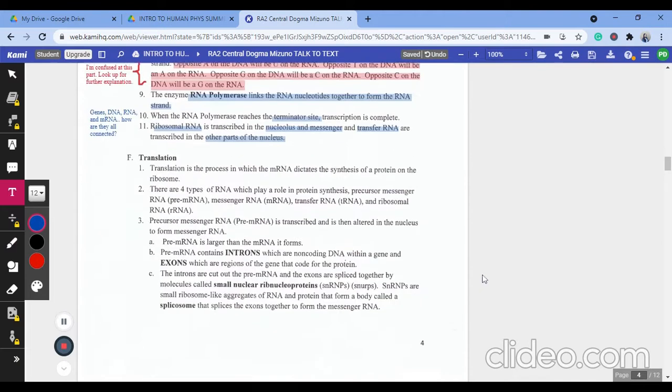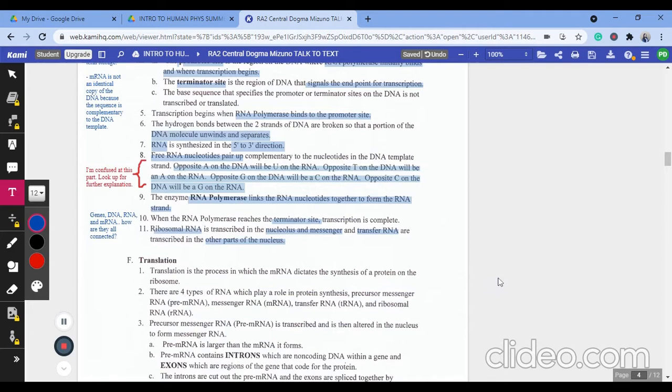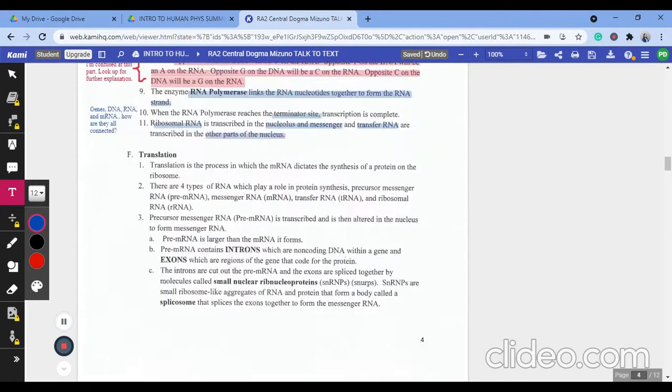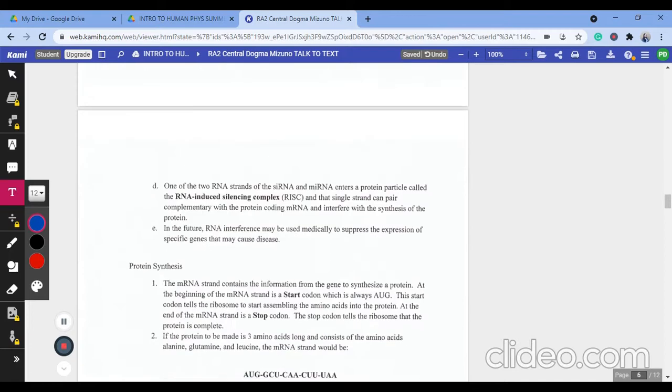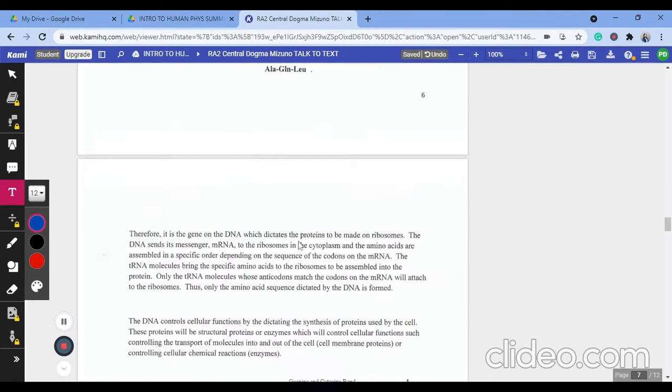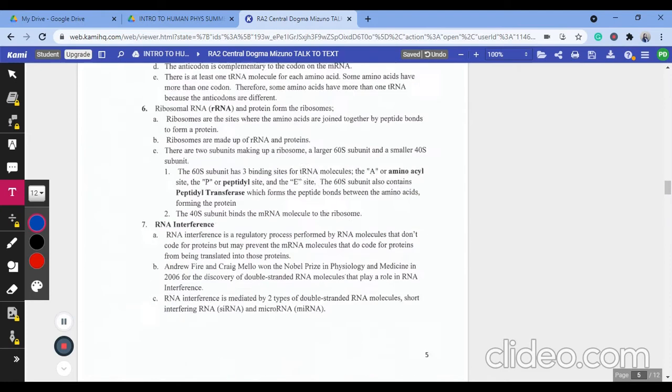Okay, so we're done with the transcription, and all I need to go over is the translation and the last part of protein synthesis.